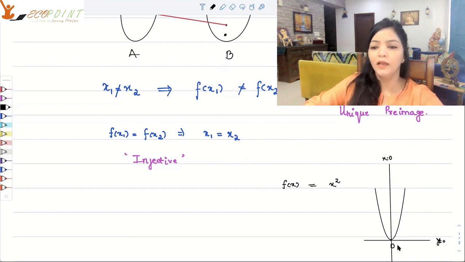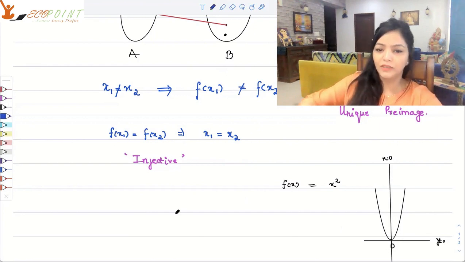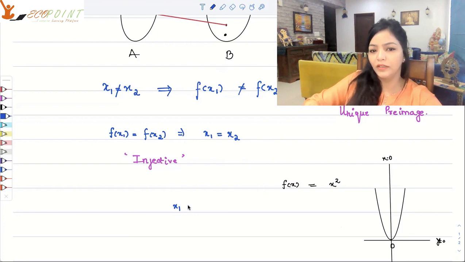Now, if you notice in this graph, or from the function, if you take the inputs x1 not equal to x2 as say 1 is not equal to -1, right? Can you tell me what will be f(1) and what will be f(-1)? Well, the function is x squared, so when my input is -1, I shall be getting 1.